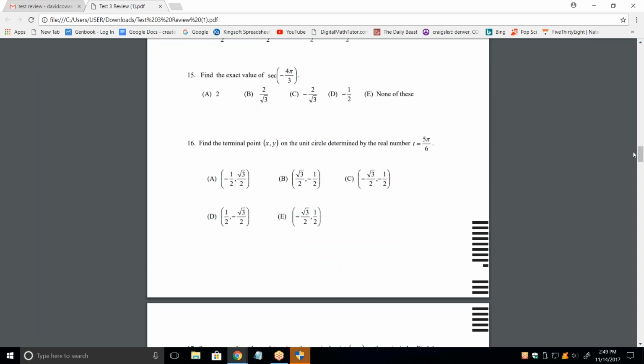What kind of calculator are you using? N-Spire. Good. The Nspire has a secant key. Yes. Go ahead and use it. If you had a TI-84, it would not have a secant key, and this would be a harder problem. You'd have to know the reciprocal of secant. What is the reciprocal of secant?